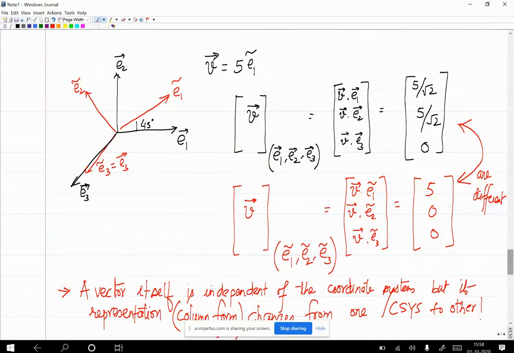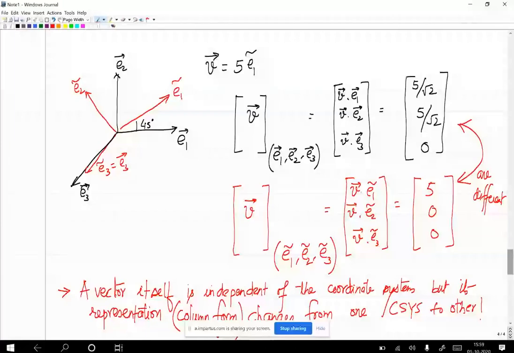Any query till now? Sir, is there anything which depends on the coordinate system? You said that a vector is independent of the coordinate system. Is there any physical quantity that will always be independent of coordinate system, or is there anything which depends on it as well? Yeah, that's a very good question.